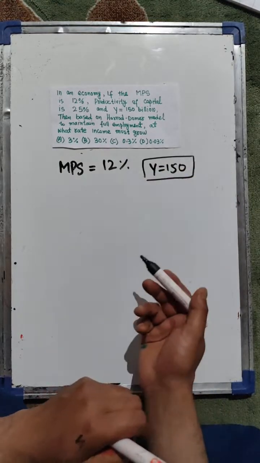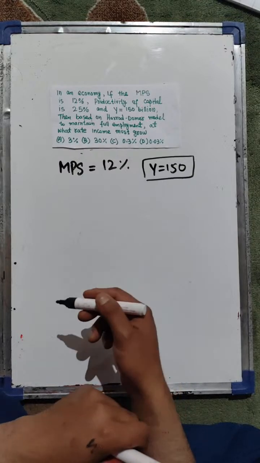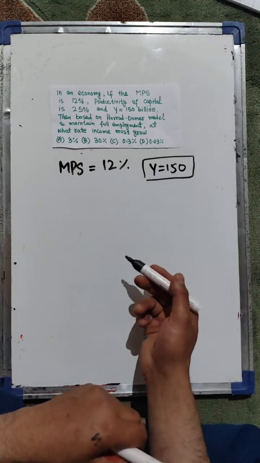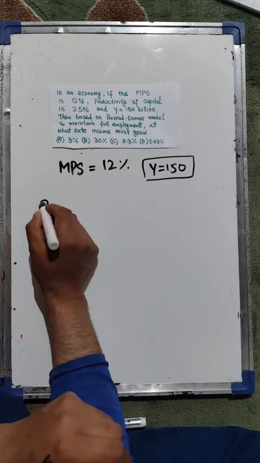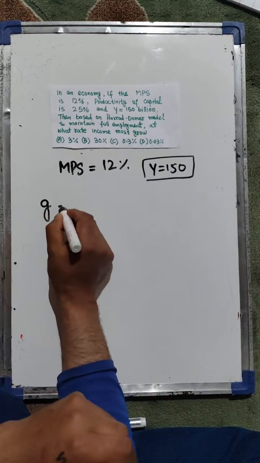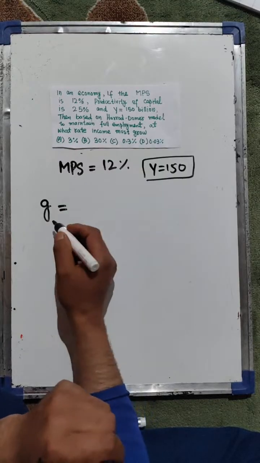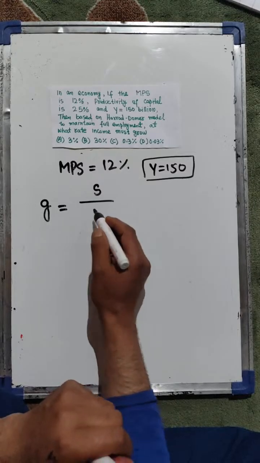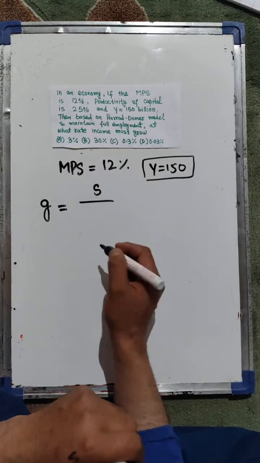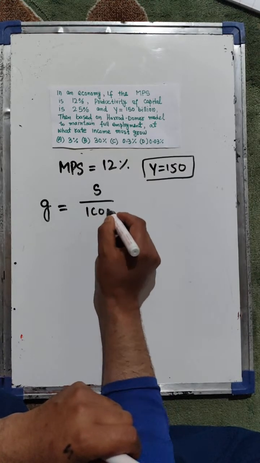We need to find the rate of growth of income here. Okay, it is very simple. So the growth rate of income will be equal to savings upon the incremental capital output ratio, ICOR.